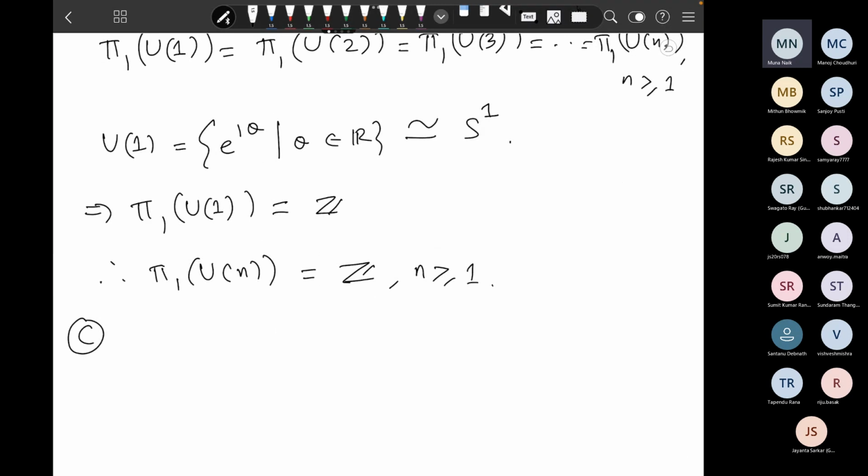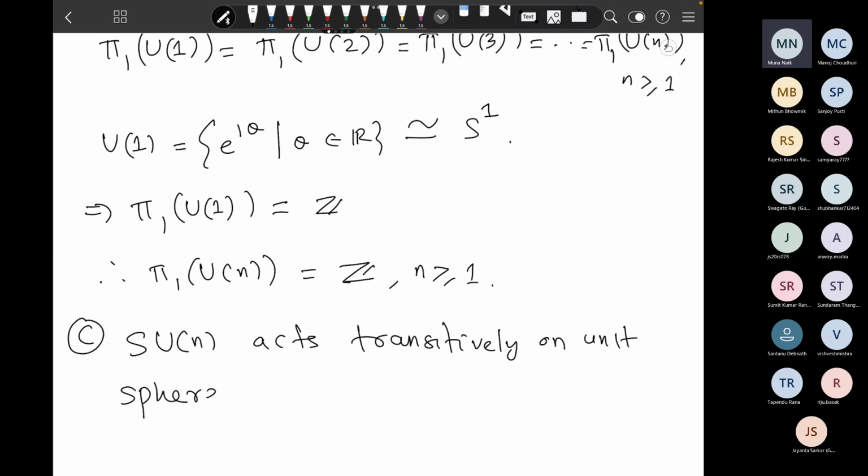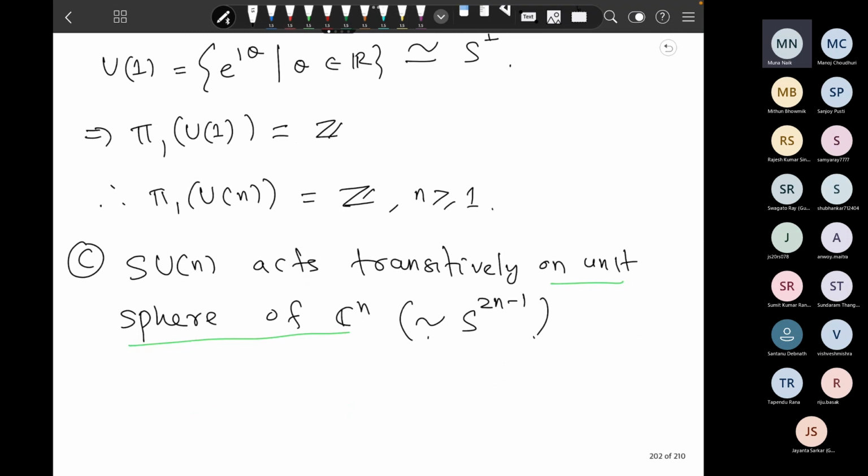Okay, so now C is for SU(n). SU(n) also acts transitively on the unit sphere of C^n, and this unit sphere of C^n is really homeomorphic to S^(2n-1).